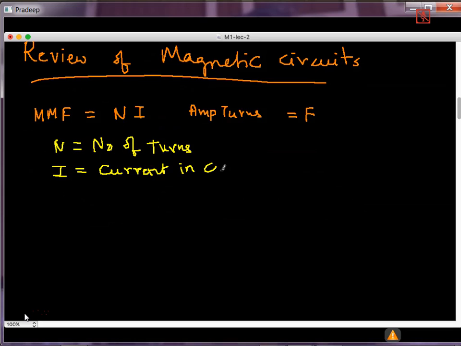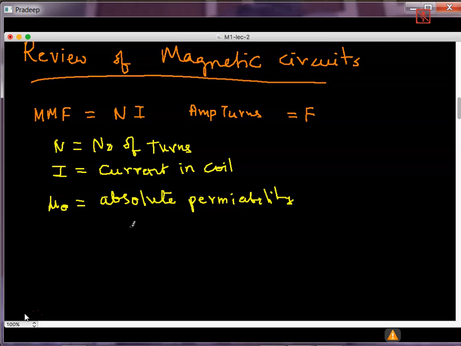Let's define some more quantities. One is called mu naught, which is nothing but the absolute permeability. It's a constant, 4 pi into 10 to the power of minus 7, in henries per meter.